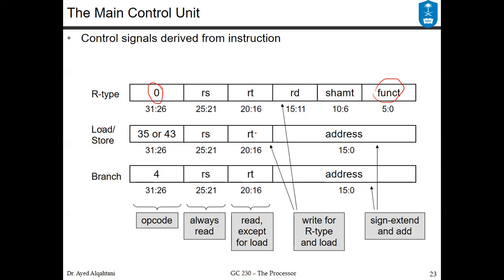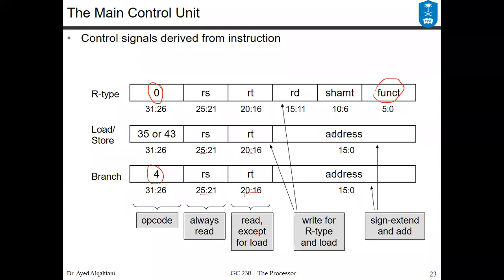The source registers RS and RT are indicated by those bits, similar to the R type. Also for the branch, they are the same. The branch opcode is 4. So remember that the branch is 4.